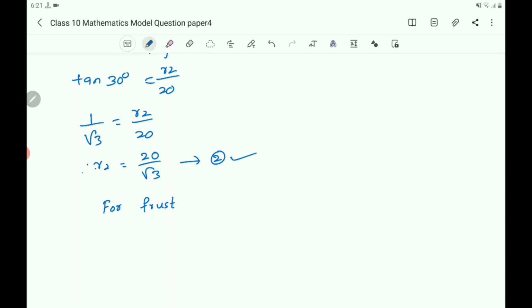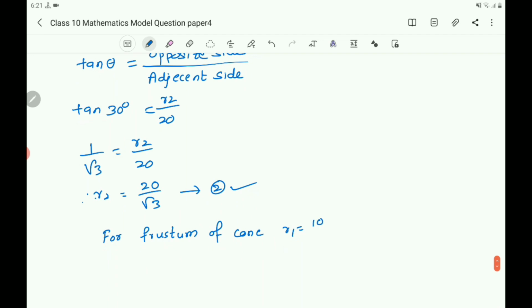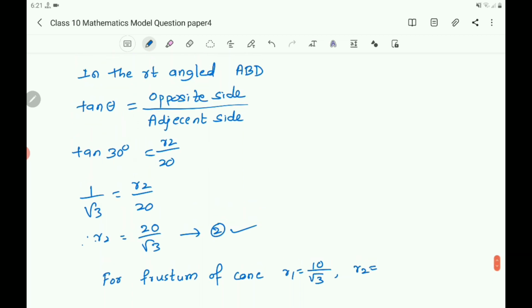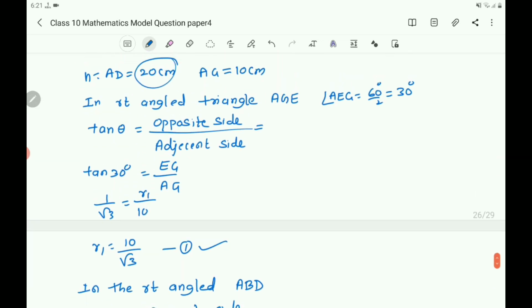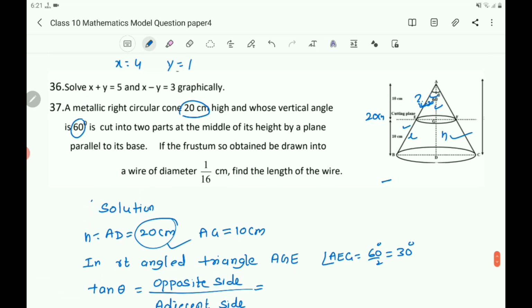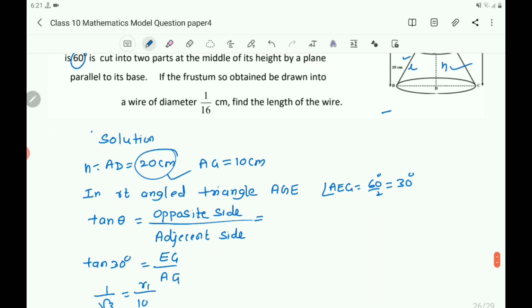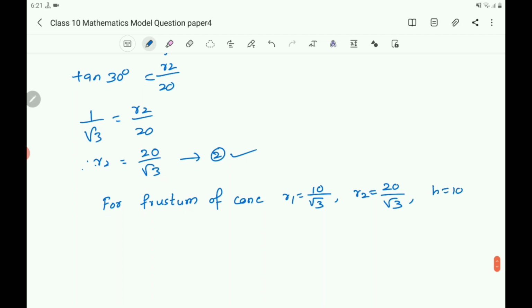R1 equals 10 by root 3, R2 equals 20 by root 3, and H of the frustum of cone is 20 minus 10, that is 10 centimeter.